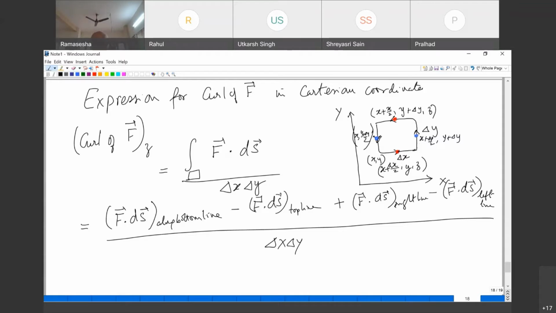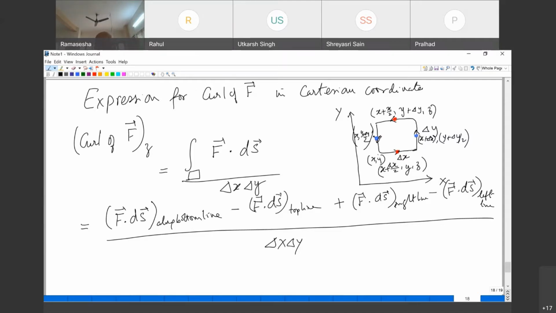And what is this point? This is x plus delta x, comma y plus delta y by 2. X is here, x plus delta x is coming here, and then you go delta y by 2.